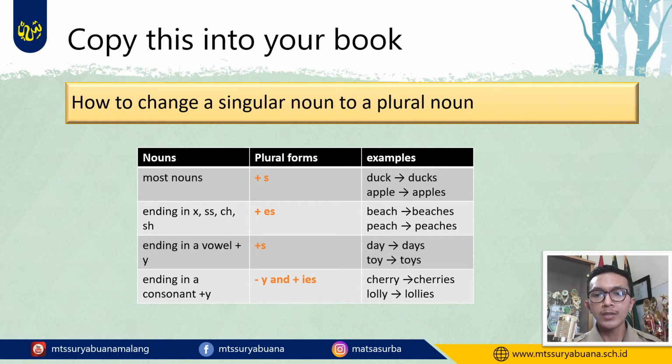If you want to change these words, add ies at the end, but don't forget to delete the letter y. For example, cherry, cherries. So the letter y here becomes i, cherries. Another example, lolly, lollies.